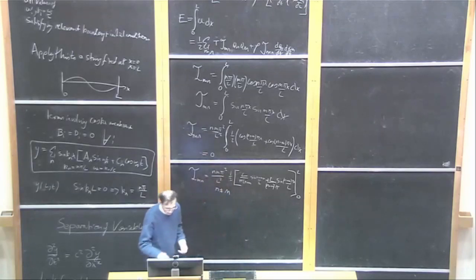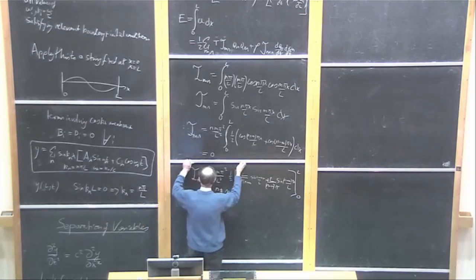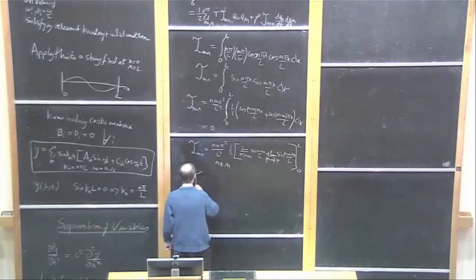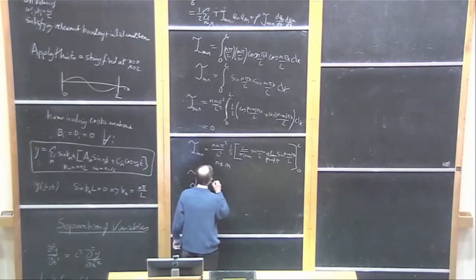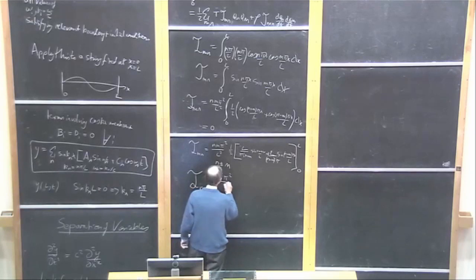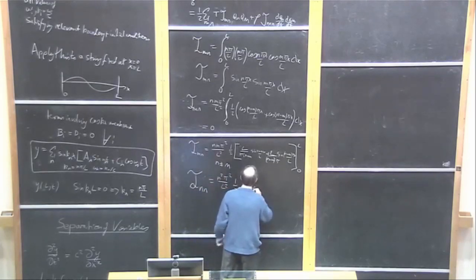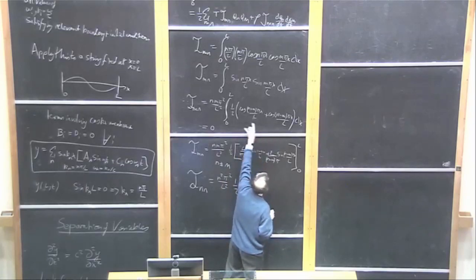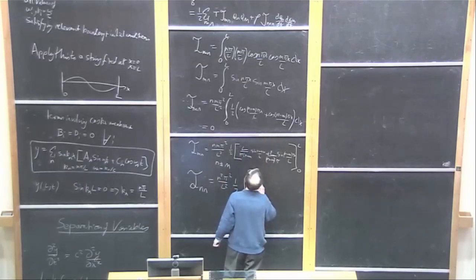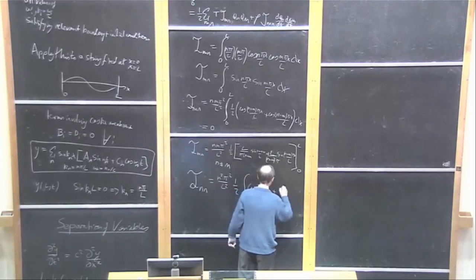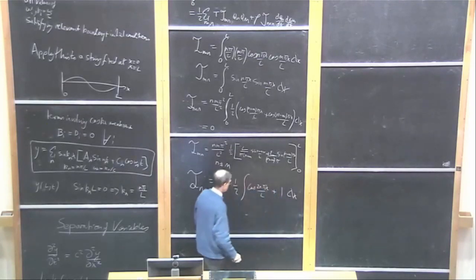If n equals m, I_nn is n squared pi squared over L squared, 1/2 the integral of, so if you just put n equals m, this step here is correct, n equal to m there, we get cos 2n pi x over L plus 1 dx.